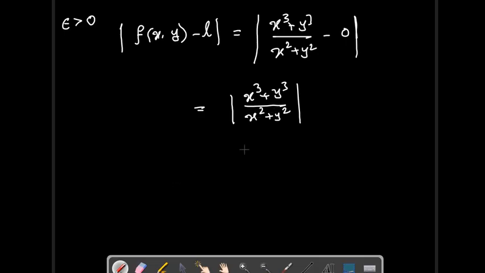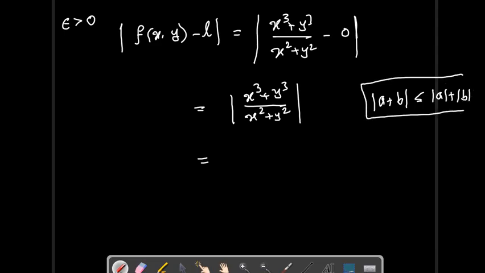Now it is easy to see this, I hope you know: mod of a plus b is less than or equal to mod a plus mod b. This is what you call the triangular inequality. Using this result, I can rewrite it like this, because it can be expressed as a sum of two expressions. One is x cube by x square plus y square, the other is y cube by x square plus y square.